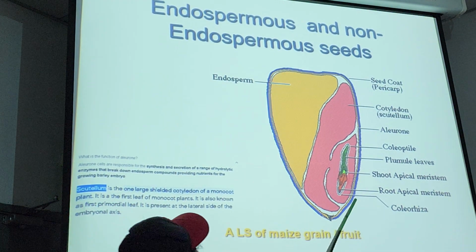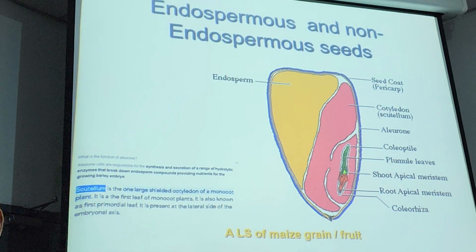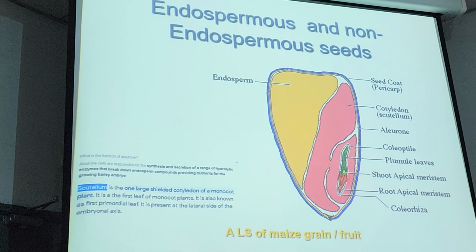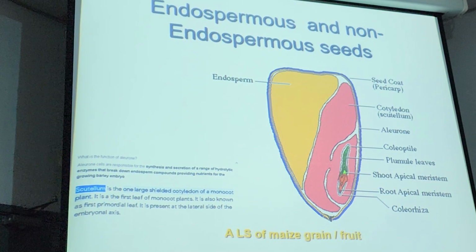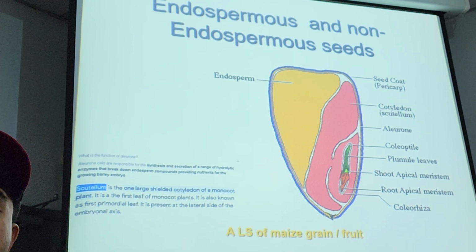However, the root apical meristem pretty much does one job, producing more roots, or in certain cases root modification. Remember, you learned in botany, roots can modify.